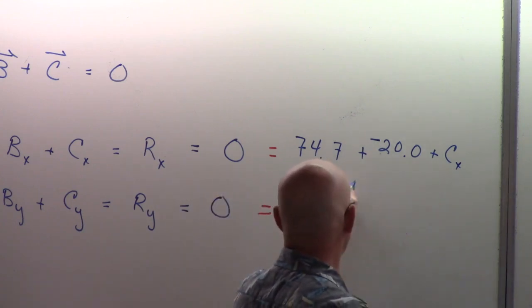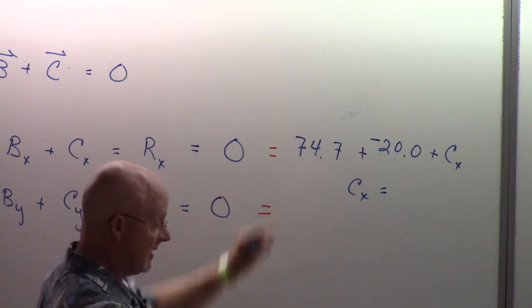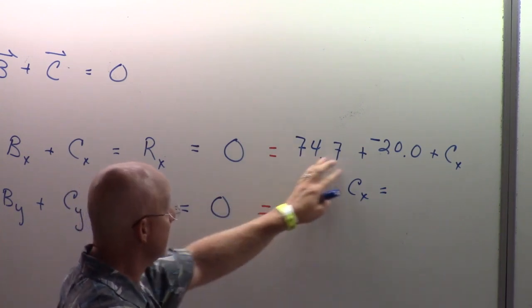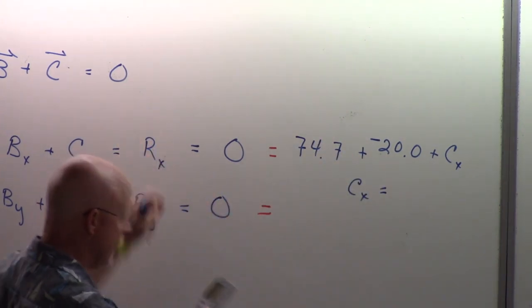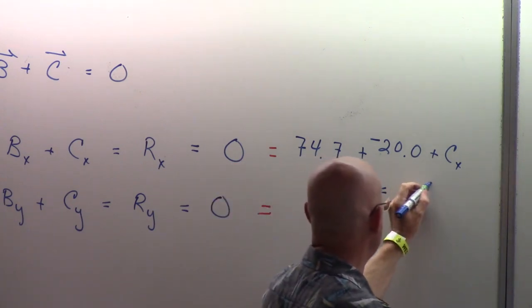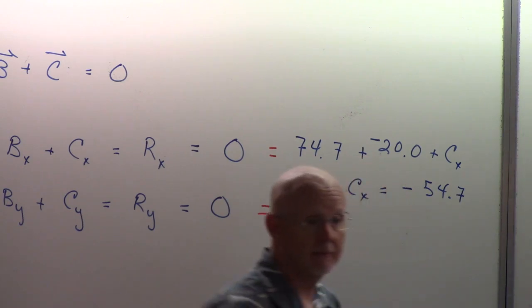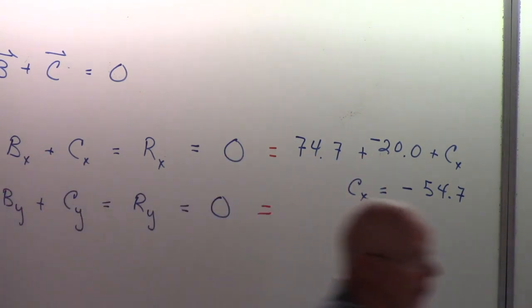And since that equals 0, let me take the 74.7, subtract the 20, move it to the other side, and that's a negative 54.7. Now look at the negative. The negative means it must go left, and sure enough, vector C in this picture is going left and down.